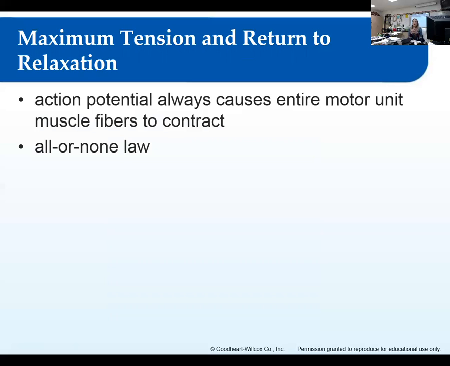So you need more motor units than just that one to really make your whole muscle contract. This diagram at the bottom explains the tension that's developed in response to a single stimulus. It gets stronger and stronger the more motor units stimulate it.